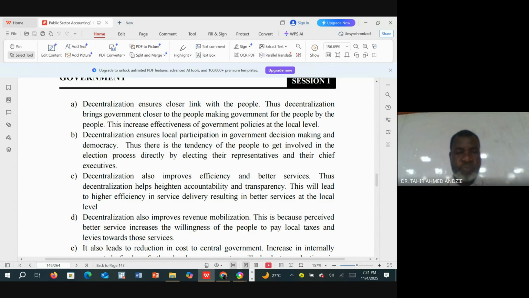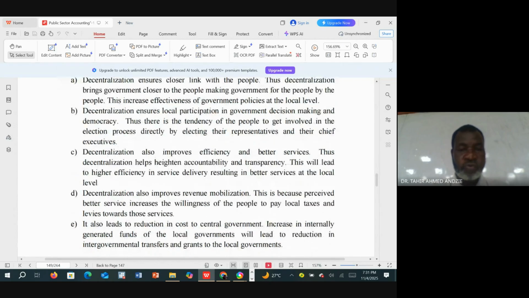And so to bring the government closer to the people, they need to bring the decentralization system. This increases effectiveness of government policies at the local level.